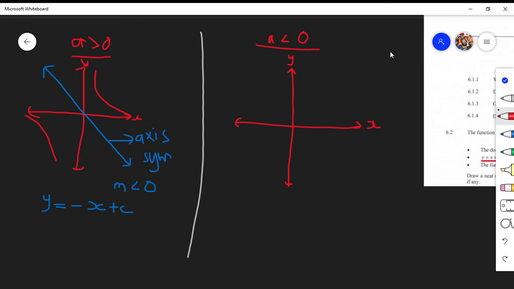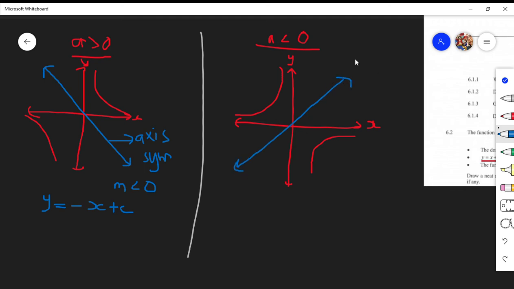Okay, so when A is less than 0, your function is going to be in quadrant 2 and quadrant 4, and your axis of symmetry is going to have a positive gradient.